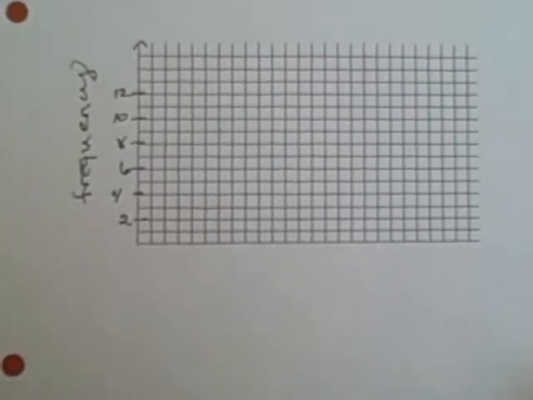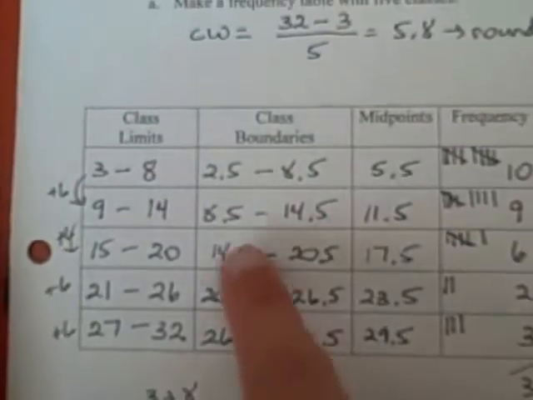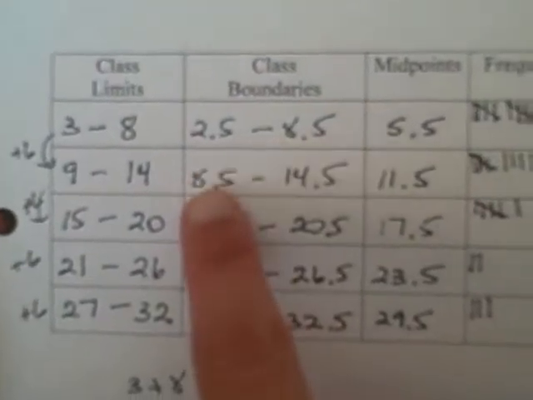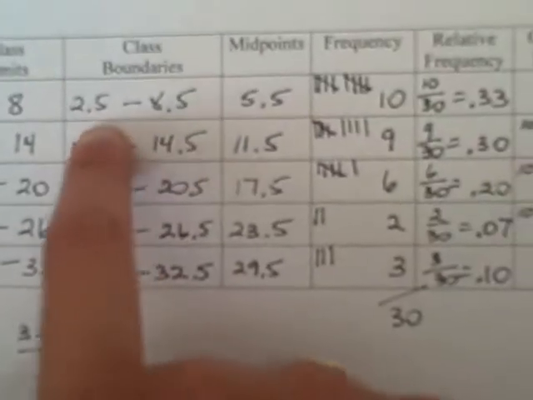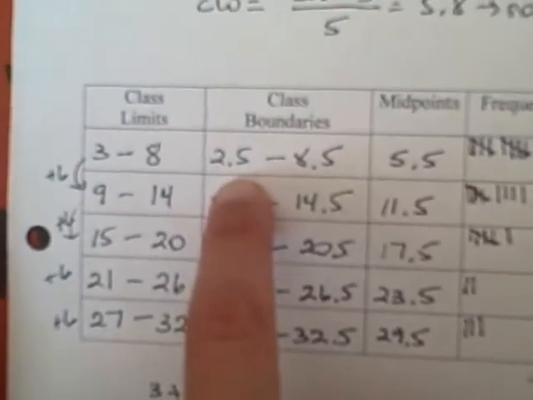Now on the bottom of all of these graphs, we can't have any gaps, so we have to use the class boundaries. Our class boundaries start at 2.5 and then go up by 6s. So we need to break our axis, because 0 to 2.5 isn't going up by 6s.